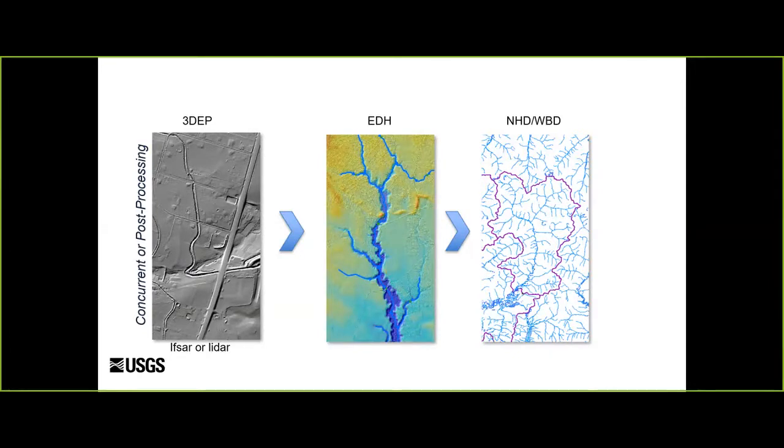So now that the USGS has specifications for acquisition, we've begun some pilot projects to explore collecting hydrography data from elevation data, storing it in the EDH format, and converting it to NHD data. So this requires a robust inspection process, complete with tools to ensure the best possible data is available for NHD and for use as break lines for elevation derivatives.